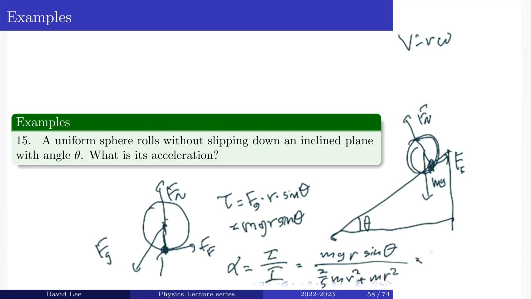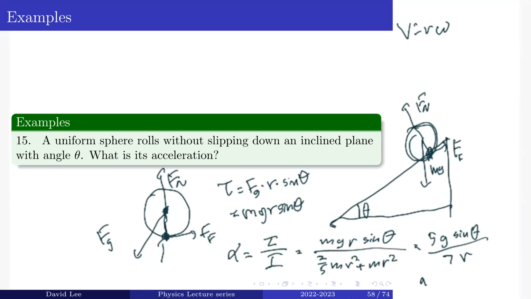And this will all simplify to 5g sine theta divided by 7r. So now all that's left to do is to find the acceleration of the center of mass. And this acceleration has to be equal to r alpha, which is equal to 5g sine theta over 7. Okay, and that's our answer.